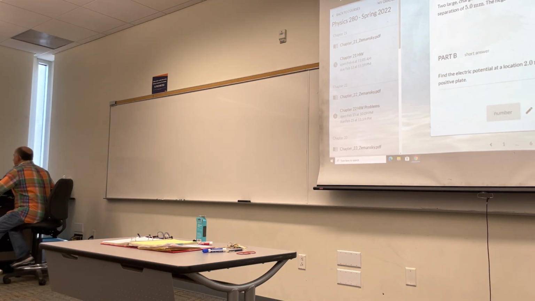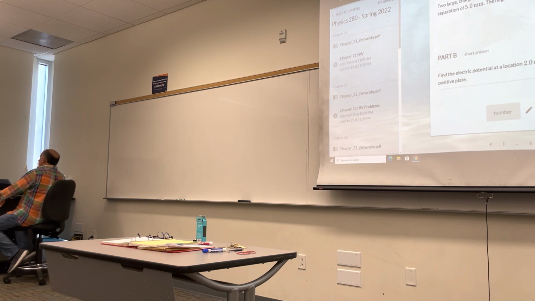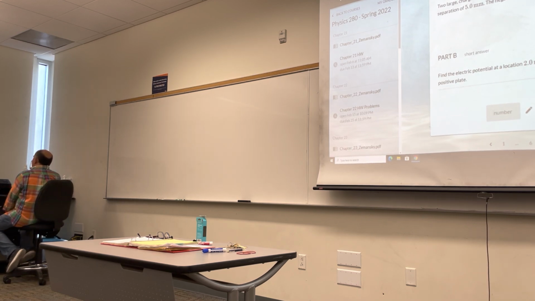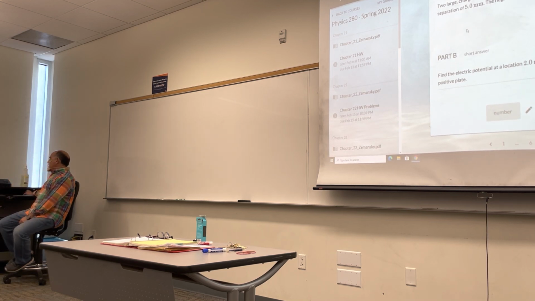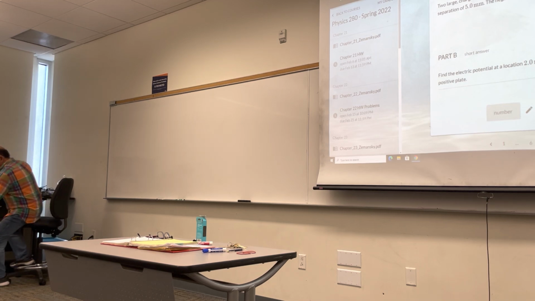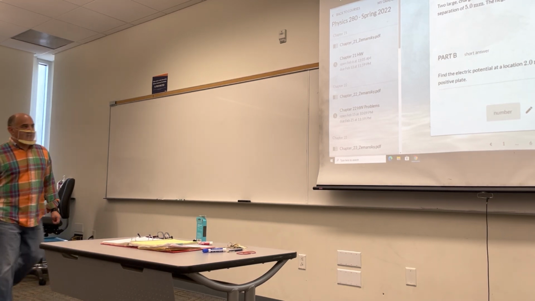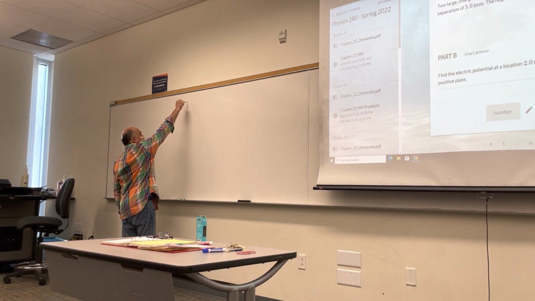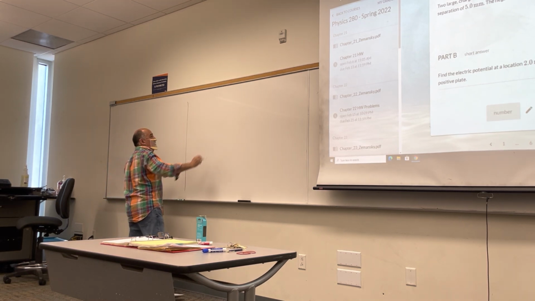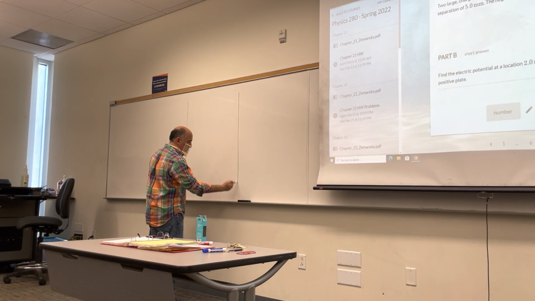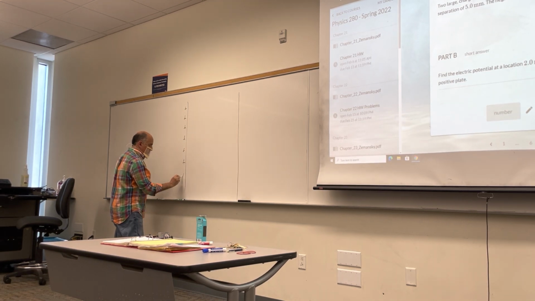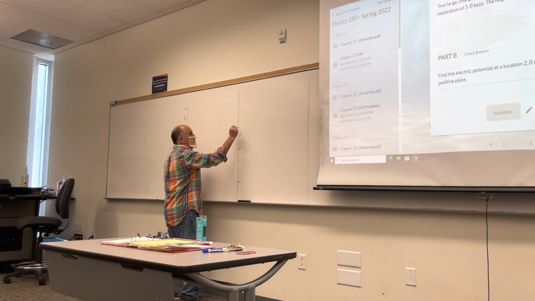So, is it this one? Yes. It says 2 large charged plates with charge density plus and minus 30 microcoulombs per meter squared face each other with a separation of 5 millimeters. Okay, so let me start with that. We have one over here and another one over here. I'm going to make this plus and minus.